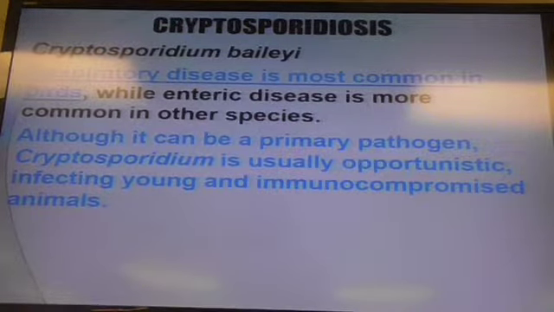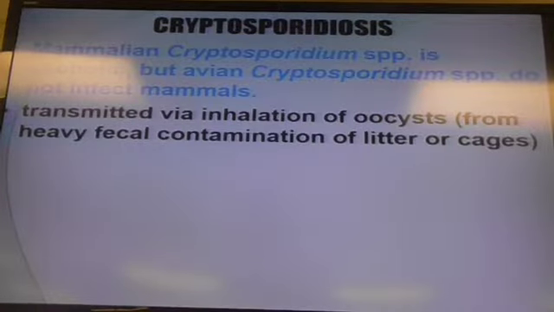So instead of diarrhea, we have more pneumonia and respiratory lesions. You typically see it in birds that are immunosuppressed and young, and it's not something we see on a common basis unless the bird maybe has a viral etiology associated with it. In mammals, it's a zoonotic disease, so we can get infected with Cryptosporidium, but the avian form is not zoonotic, so that's important to know as well.